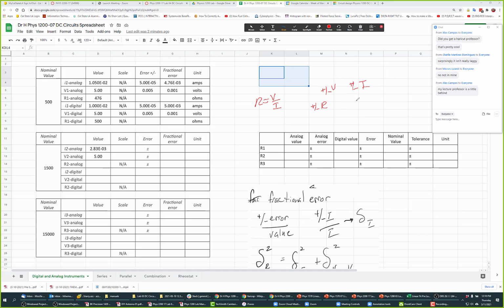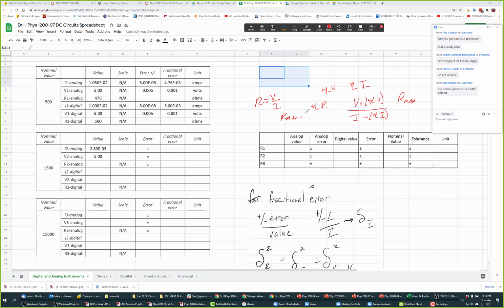Well, one way we could do it is we could put on the top V plus minus V over I plus minus I, and we could call this an R max. So we could say that plus minus R would be R max minus, is it minus?